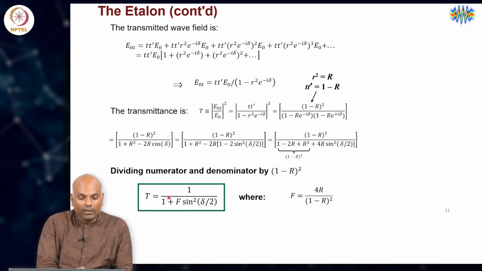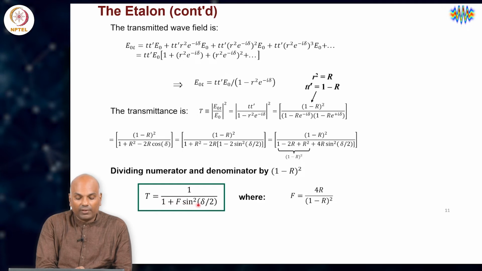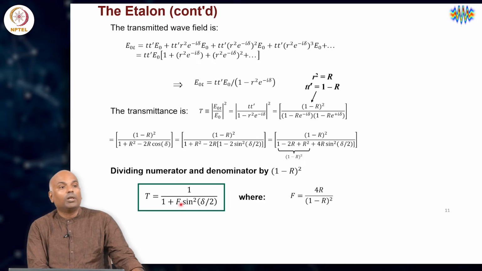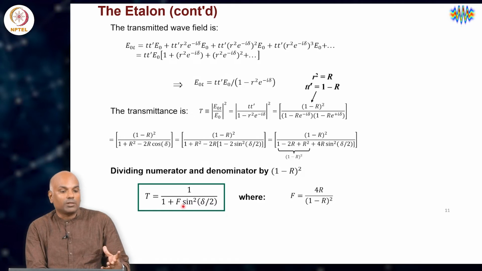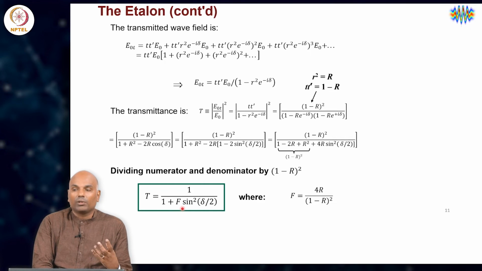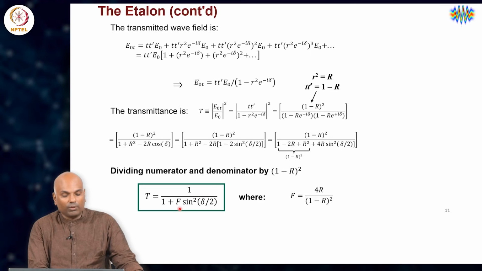It is 1 divided by, in the denominator, 1 plus F sine squared of delta. Remember that F depends only on R. So, it becomes a sort of material optical property of the etalon. It depends only on the reflectance.